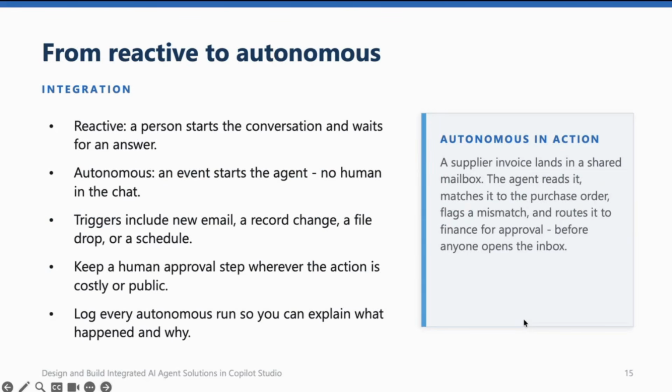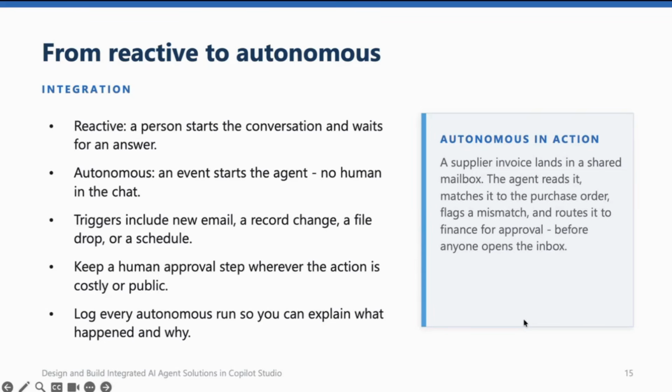Agents do not have to wait to be asked. An autonomous agent is started by an event instead of a person, right? Here you can look at this example: a supplier invoice arrives in a shared mailbox. The agent is going to read it. So team, here you have an option to trigger an agent too.